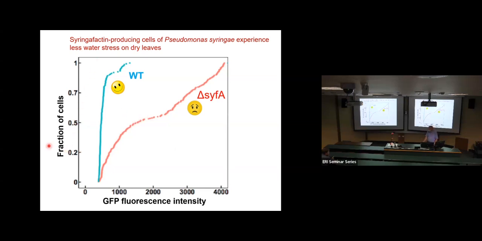So here's a fraction of cells as a function of how green they became. Basically, we're seeing that the wild type cells never got particularly green, not anywhere near as green as our syringafactin mutant, suggesting that the mutant did not have the ability to hold on to the water. And when we put them on a plant and exposed it to a typical environment, they were more water stressed.